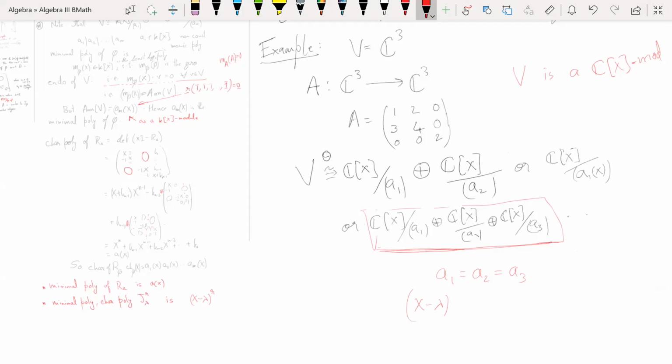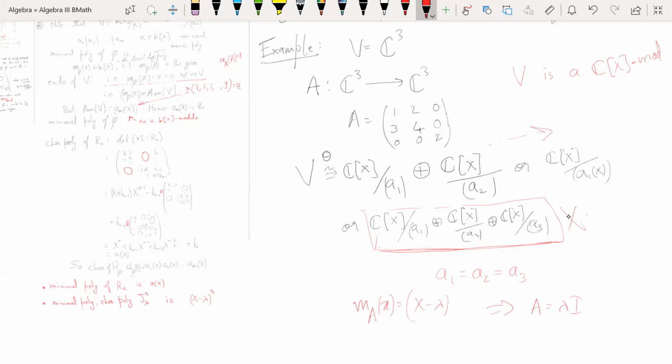So the minimal polynomial of A is X minus lambda, which implies A must be lambda times I. There's no other possibility. But we know that A is not lambda times I. So this you can rule out, but it's not so easy to rule out these two.